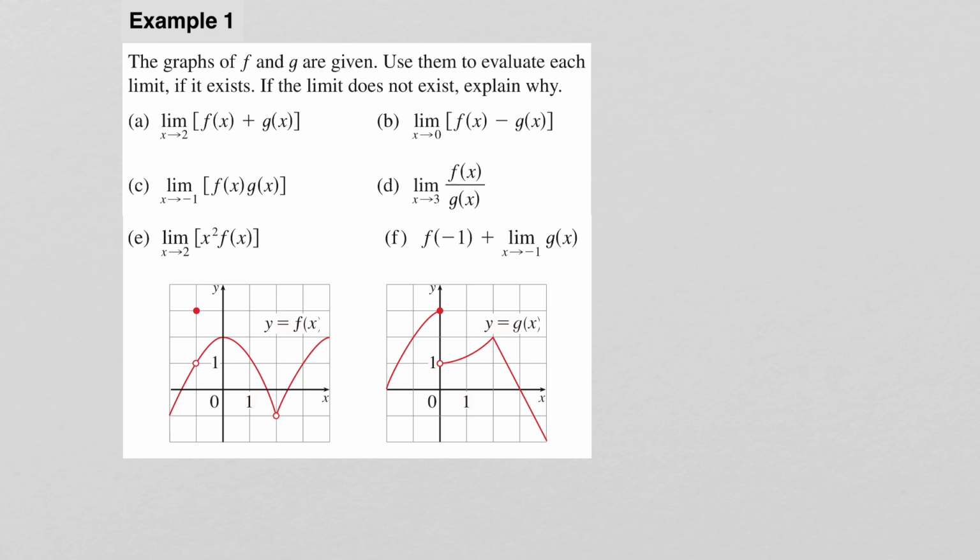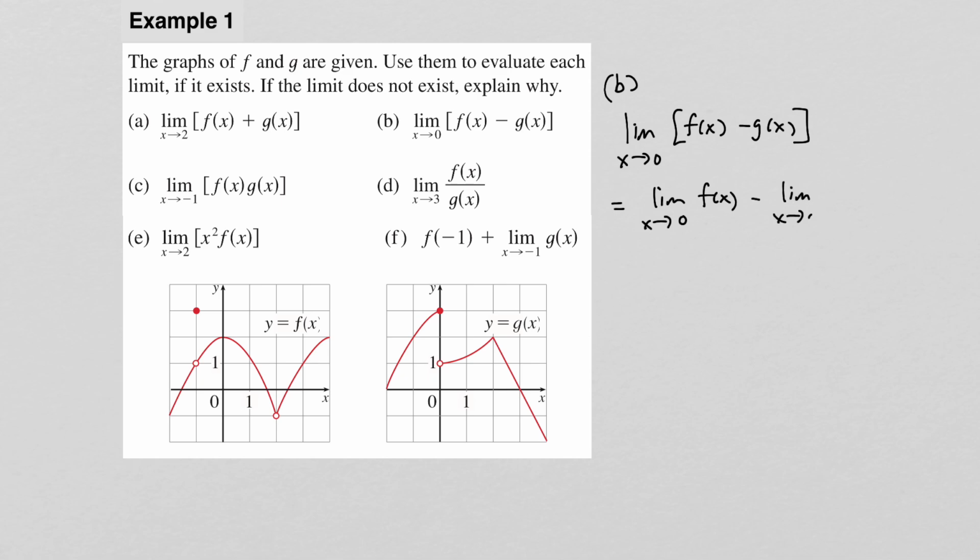Now let's do the same for part B. In part B, we have the limit as x approaches 0 of f of x minus g of x. So as long as the independent limits exist, this will be equal to the limit as x approaches 0 of f of x minus the limit as x approaches 0 of g of x.